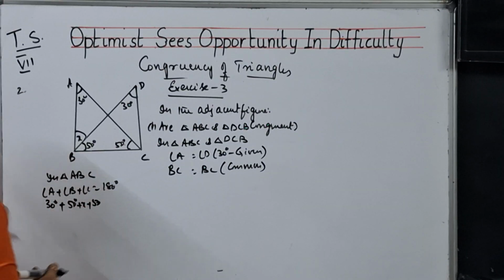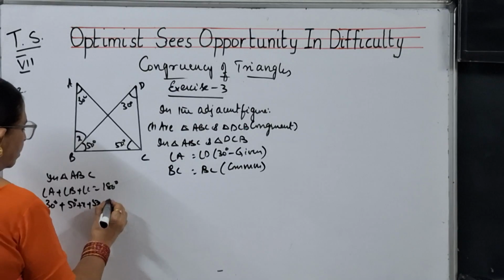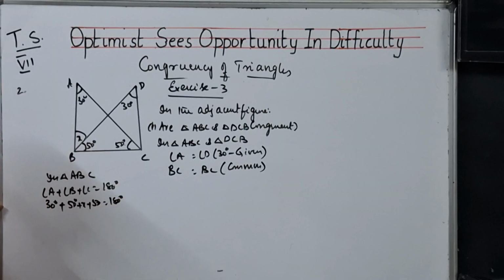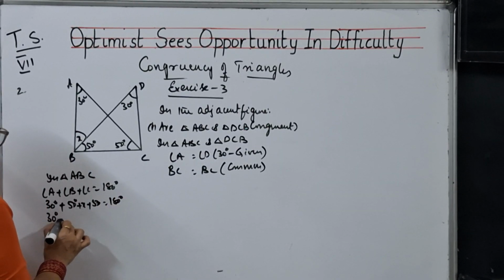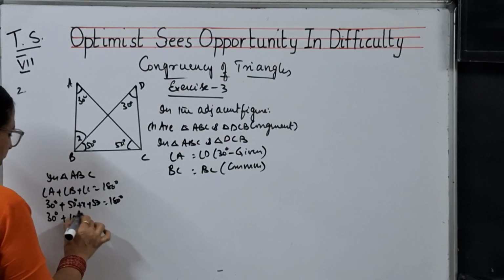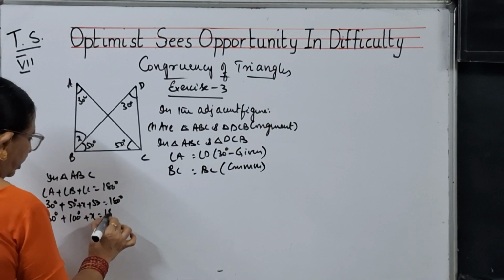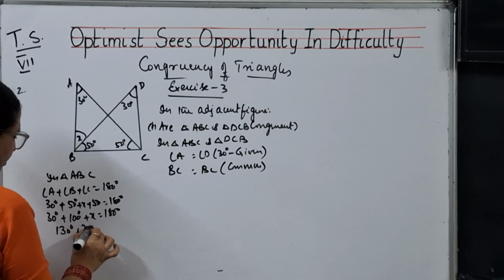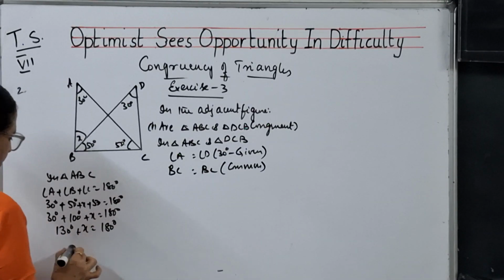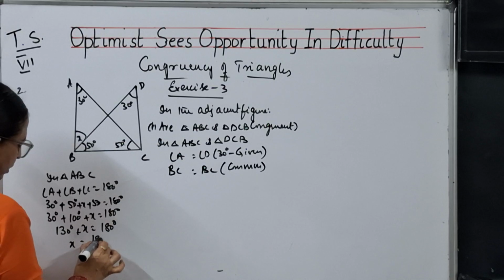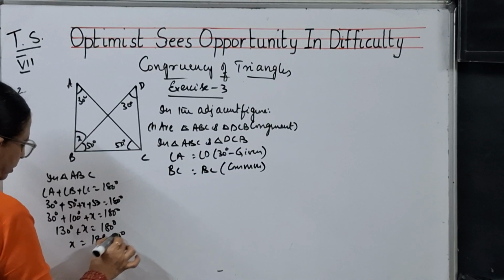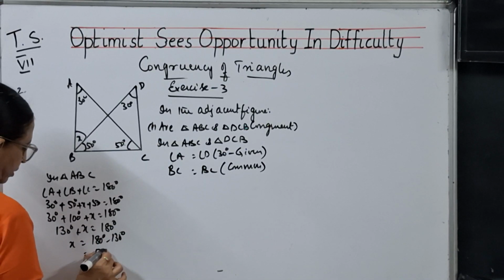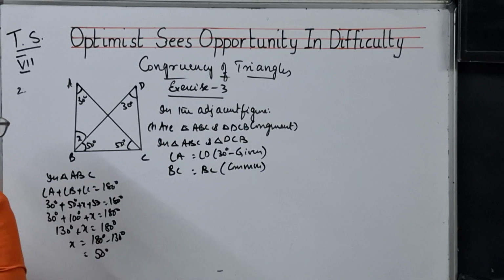Angle C can be taken as 50 degrees. So this is 180 degrees. So how much will we get? 30 plus 100 degrees plus x is 180 degrees. So 130 degrees plus x is 180 degrees. So what is x? 180 degrees minus 130 degrees, that is 50 degrees.